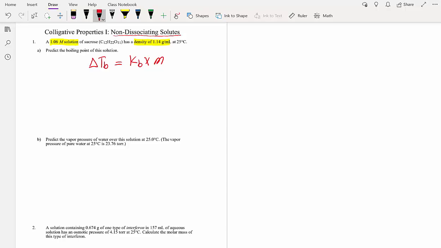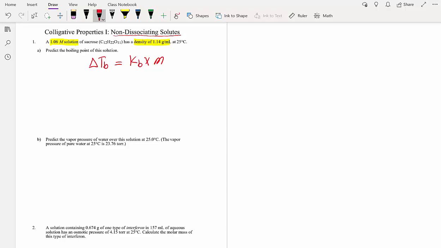Now, let me say that again. Molality, not molarity. But we were provided the molarity. We need to know the molality. That is where the challenge in this question is located.